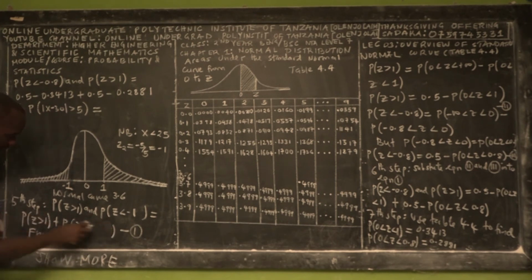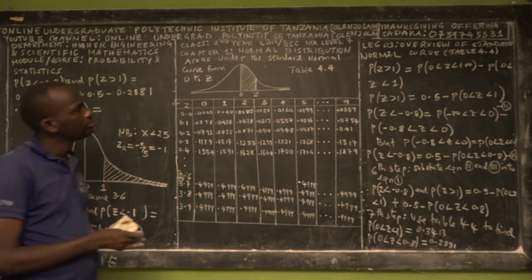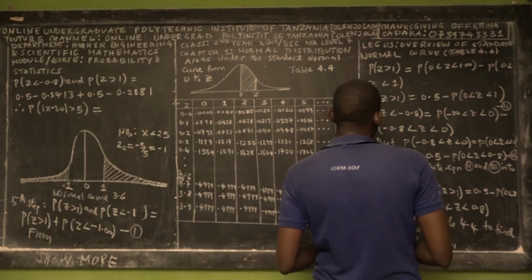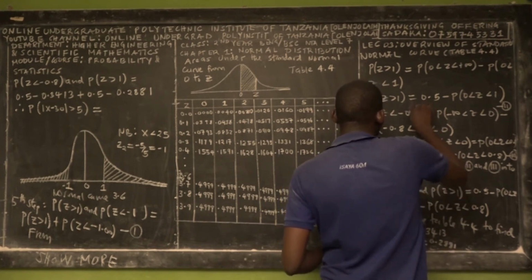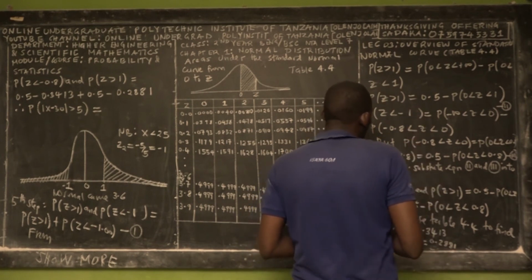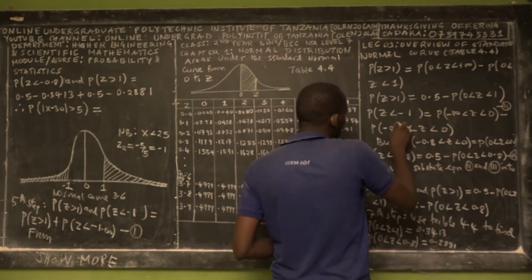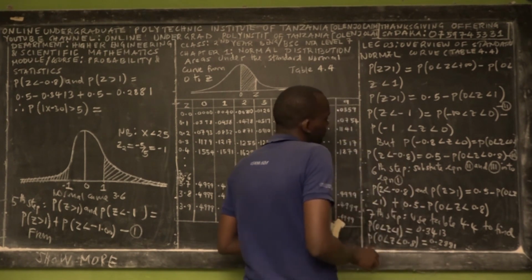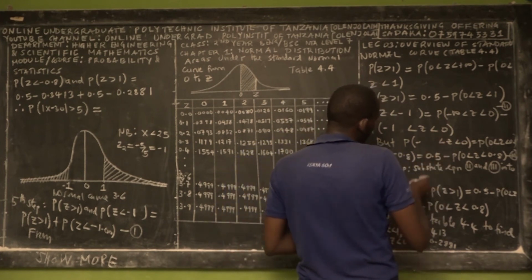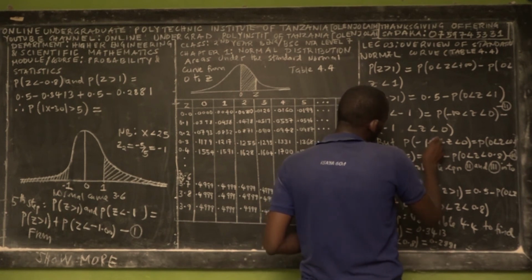This is negative 1.00. Then this is negative 1. This is negative 1.00. This is negative 1.00.